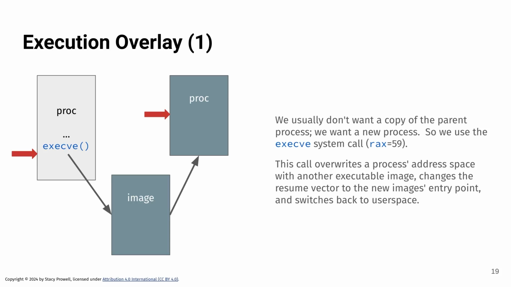So instead it finds the entry point for the image you load, and it sets the instruction pointer to the entry point, and so your program begins running at the beginning like you would want it to. So here's what happens. You call fork to make a new process. You call exec to then load an executable into that process space and start it running.